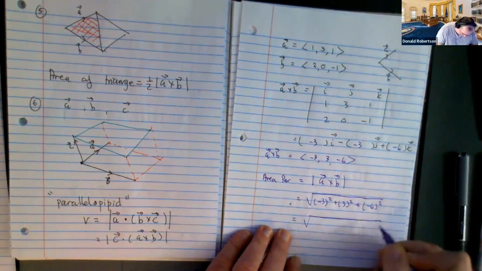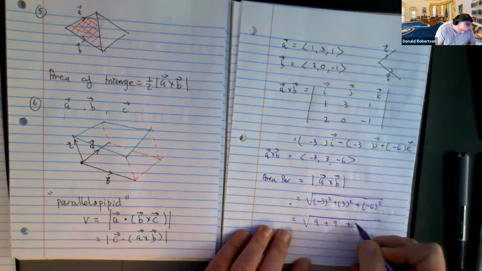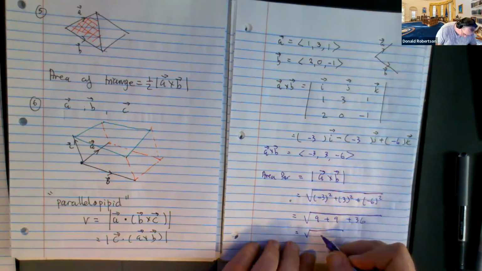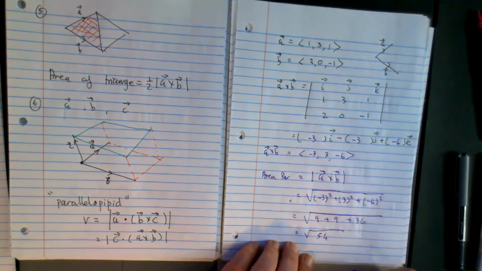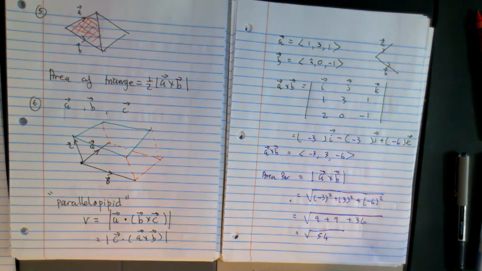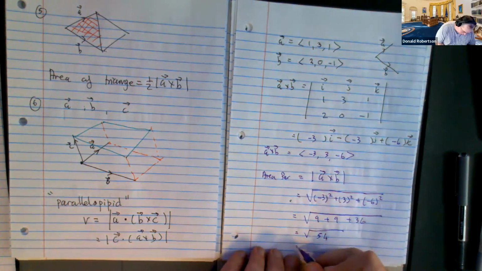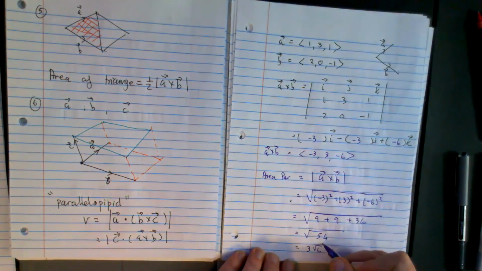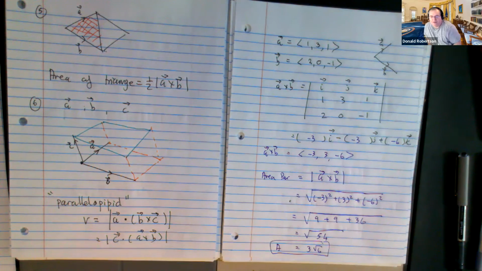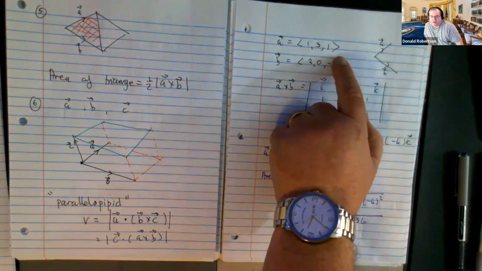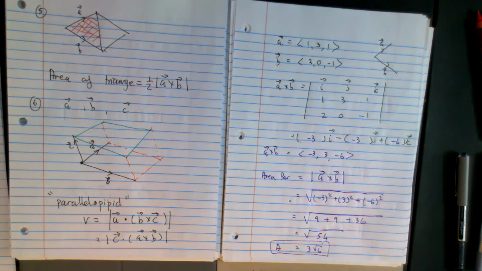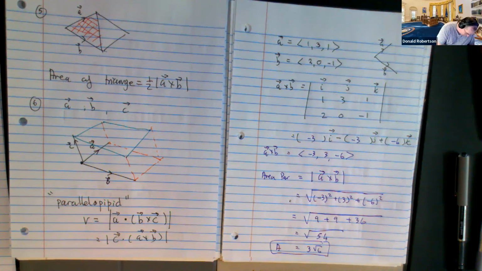That's a 9 plus a 9 plus a 36. 18, 54, that looks like. 54 can be thought of as 9 times 6, can't it? So this one would simplify as 3√6. So the area of a parallelogram that has its 2 sides, the vectors A and B, will be 3√6. And that might be question A.